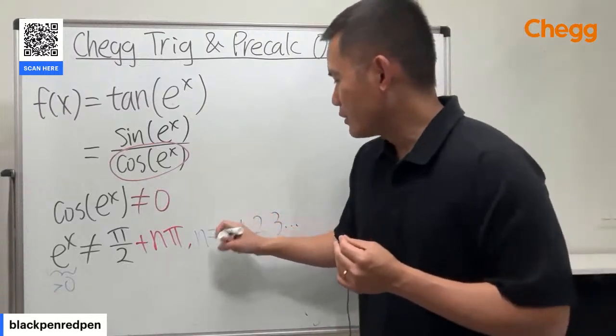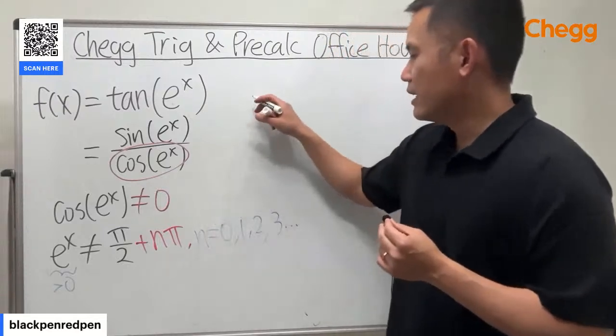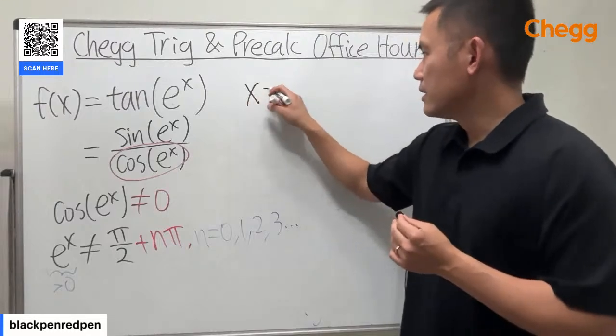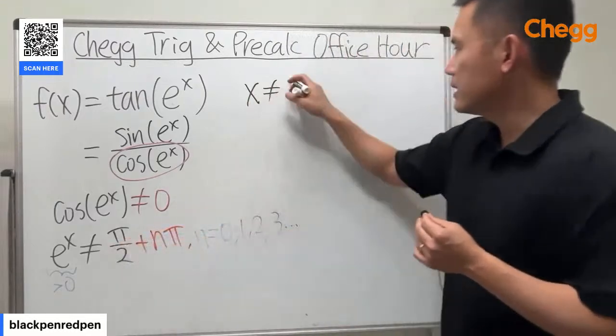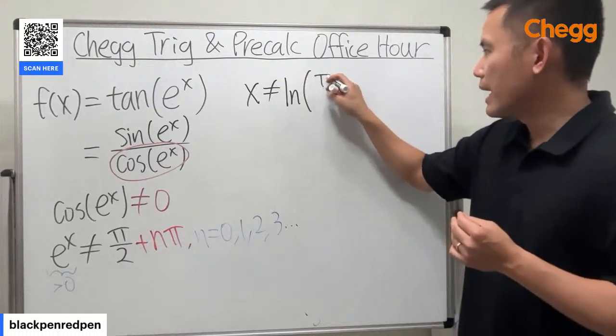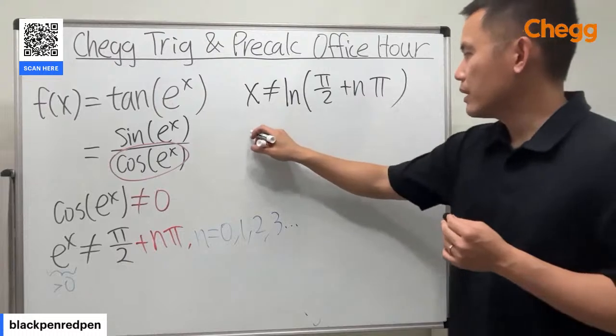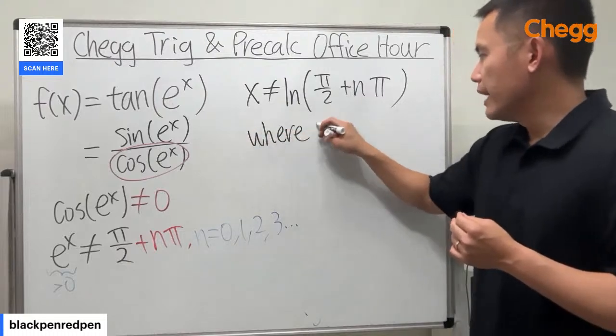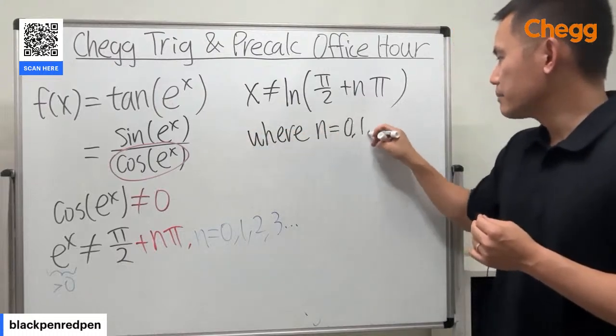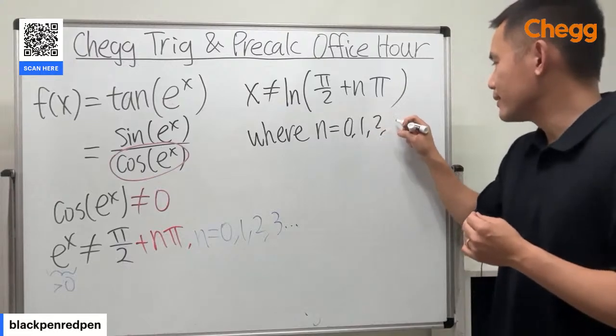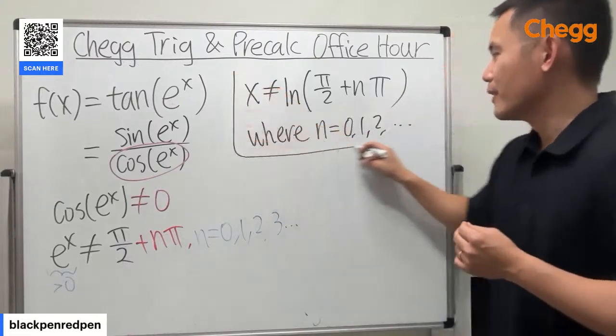So now, assuming that, you can say x, just take the natural log of both sides, ln of pi over 2 plus n pi, where n is a non-negative integer, and that will be the domain.